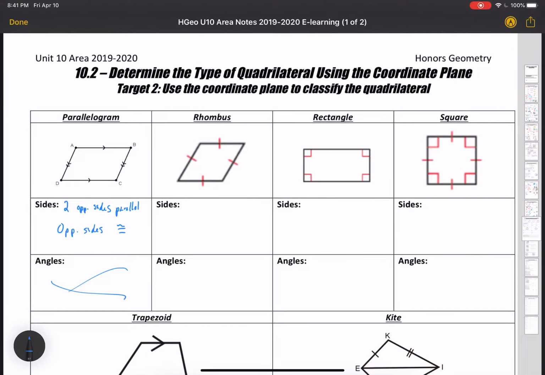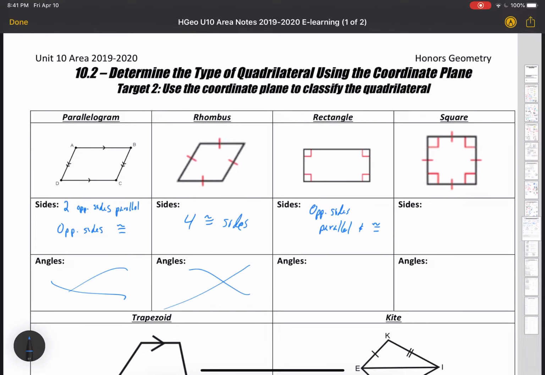So with a rhombus, remember we have four congruent sides. All the sides are congruent, and nothing with the angles is going to help us. Okay? With a rectangle, we have opposite sides parallel and congruent.